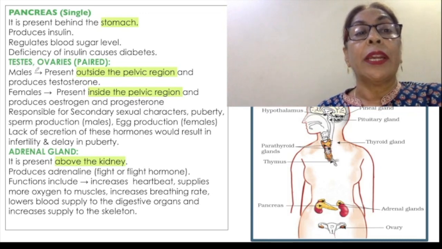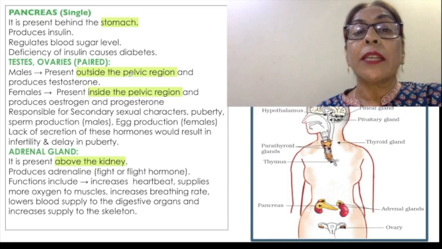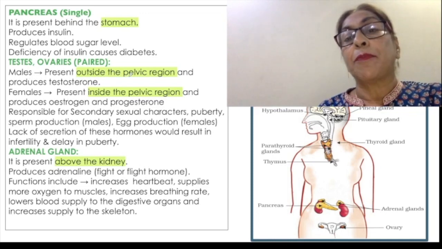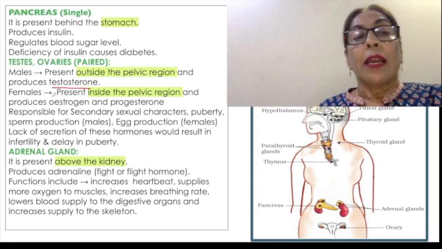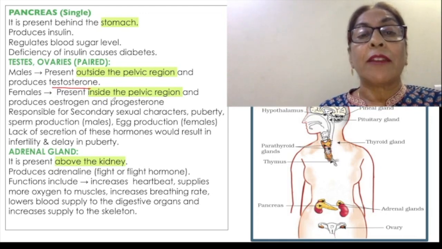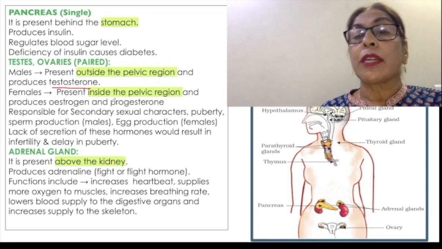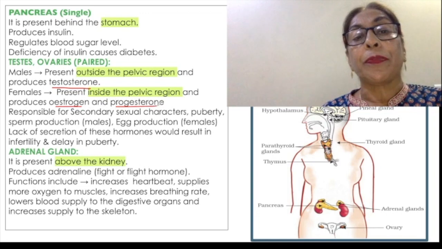Testes and ovary. Testes is present in the male outside the pelvic region, and it produces the male sex hormone which is called testosterone. Ovary is present in the female inside the pelvic region. It produces two different types of hormone, estrogen and progesterone.